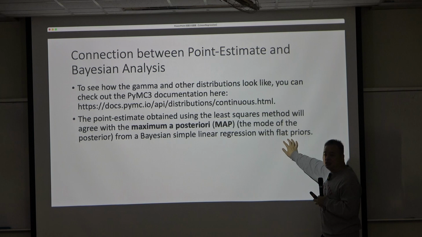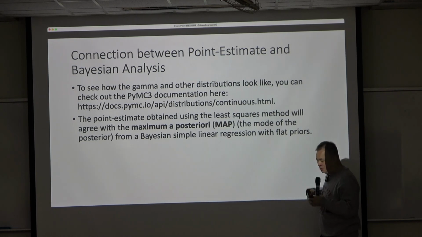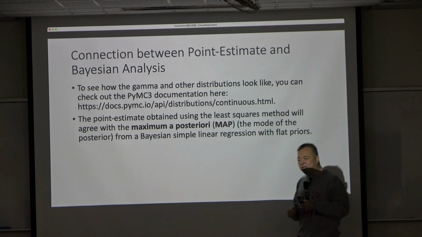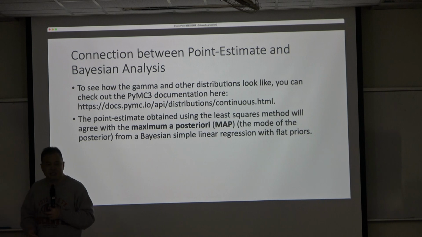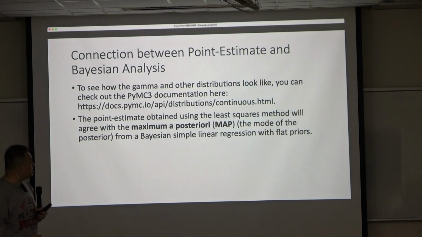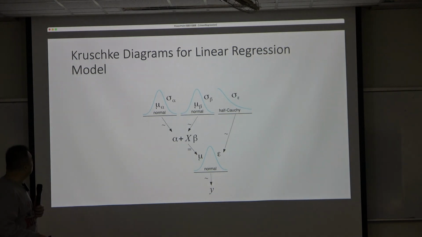If you know something about the problem, you have something better than a flat prior that you could use for certain parameters, and that will certainly make the solution even more plausible. But in machine learning, it's difficult to incorporate such knowledge easily. So this is an advantage of Bayesian data analysis. This is the Kruschke diagram for the linear regression model.